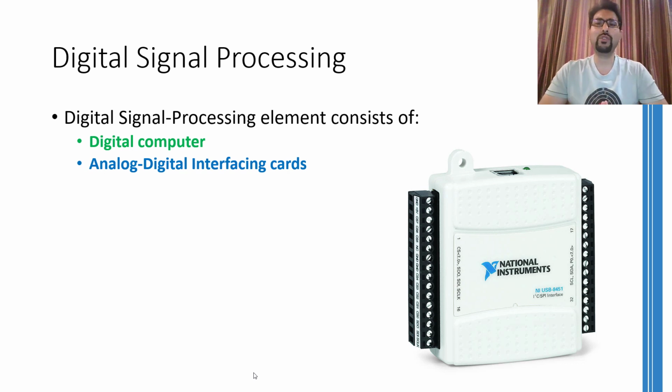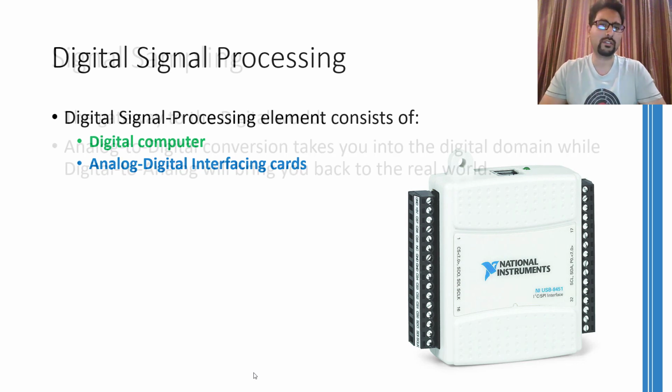The digital computer will be responsible for performing all the operations, which will depend on the software running on the computer. In such a case, all you need to do is modify the software of the computer to change the overall working of the digital signal processor.